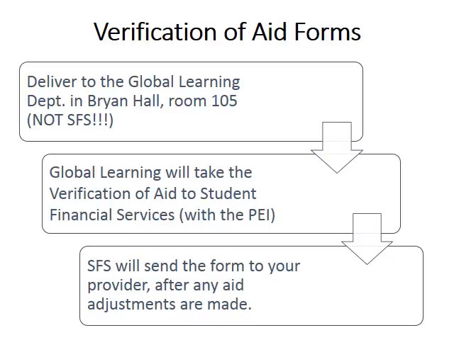A financial services counselor will then complete the form and send it directly to the provider after your award has been adjusted. These forms are prioritized by program start date, but can take up to 3 months after the deadline to be completed and sent to the provider. As all students are anxious for this form to be completed, there is nothing you can do to speed up this process. However, providers are often understanding of this fact.